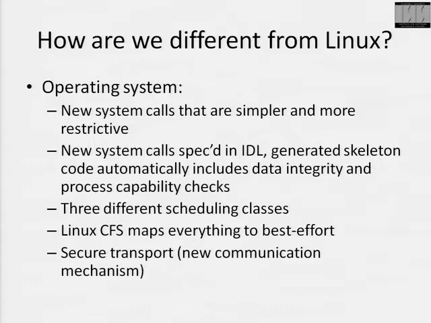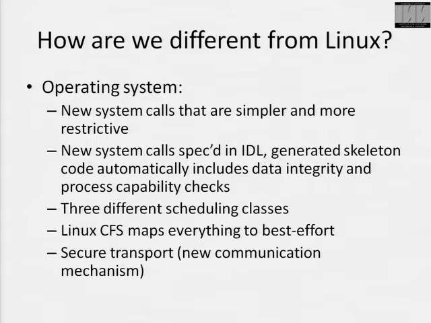Another thing we used was, since these system calls were evolving, we would spec the system calls in IDL, and then generate skeleton code from that automatically, which automatically included data integrity checks and process capability checks. So instead of just writing these new system calls by hand, we'd write them in IDL and run them through an IDL compiler, which would insert at runtime a process capability check that asks, does this actor have the capability to use this system call? And if not, it throws an exception back up to the application.